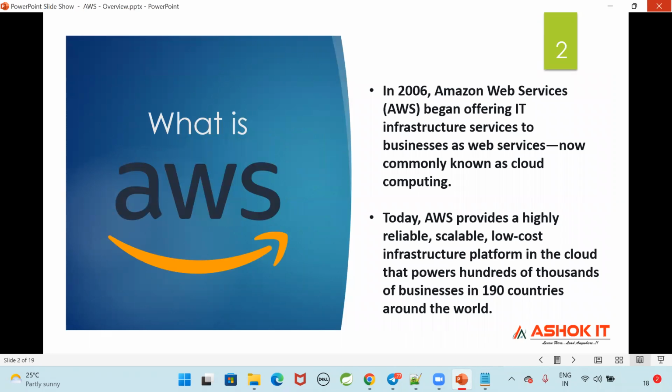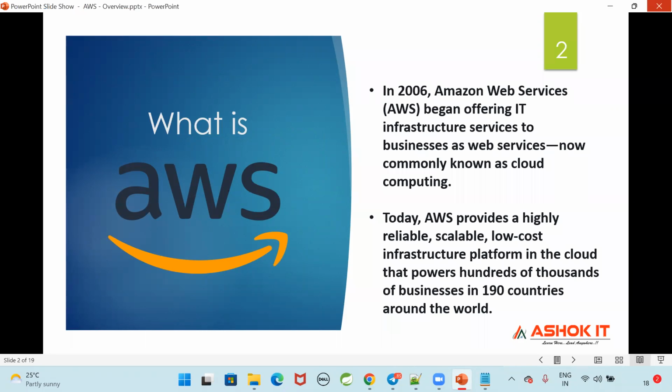This AWS cloud is managed by the Amazon company. This cloud platform came into the market in the year 2006. Amazon has been providing cloud services and cloud infrastructure since 2006.